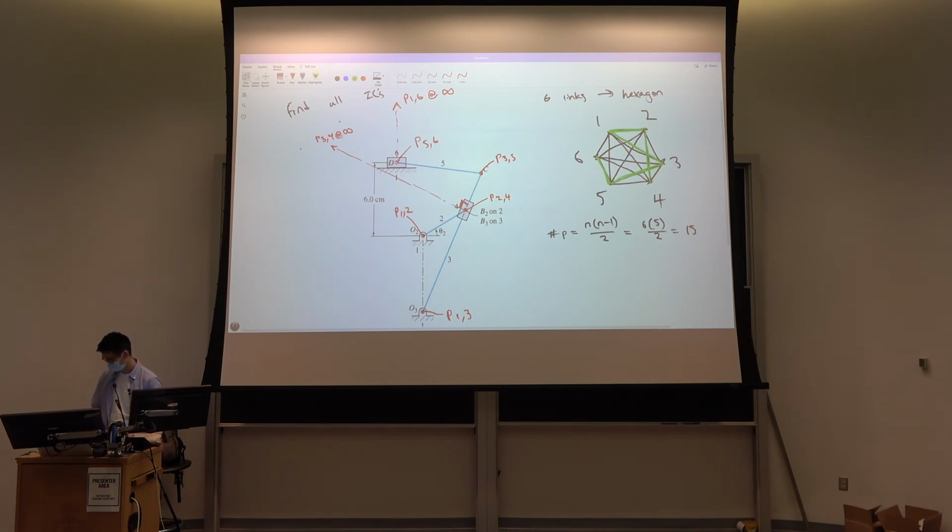And the sliding surface is straight, so that point is located at infinity. Okay, let's note those down on our auxiliary polygon. So P16 and P34. Okay, that's a good start.